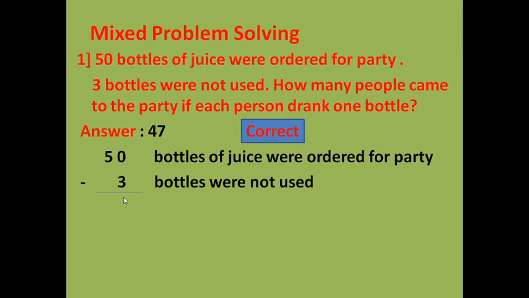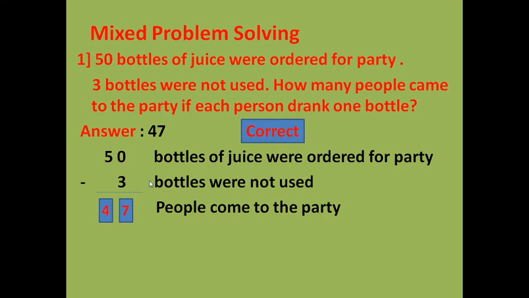Can we subtract 3 from 0? No, we cannot, so we borrow 1 from 5. 5 becomes 4 and this 0 becomes 10. Now I can subtract 3 from 10. It will be 7, and this 5 becomes 4, so I write 4. 47 people come to the party. So the book wrote the correct answer, and I used the 5 steps.